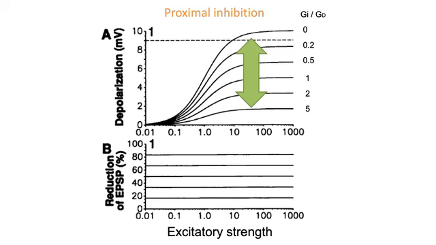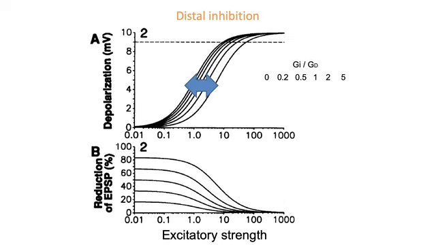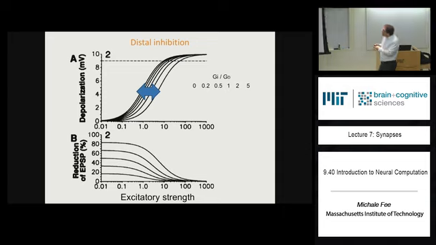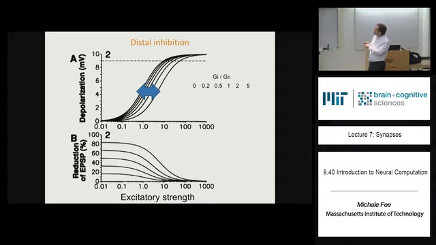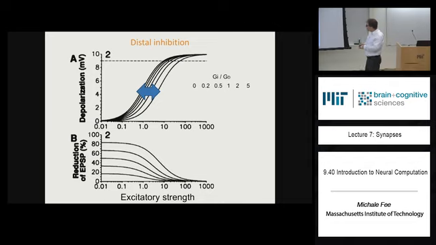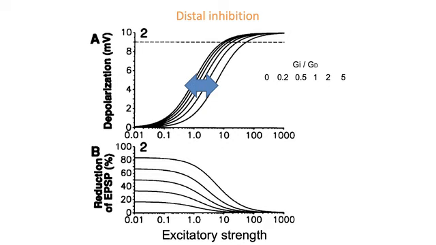On the other hand, with inhibition out on the dendrite, for any given amount of inhibition, there's always an excitation that's strong enough to allow the response to get through. This shows the amount of suppression as a function of excitatory input, and you can see that no matter how strong the inhibition, there's always an amount of excitation that will overcome it.